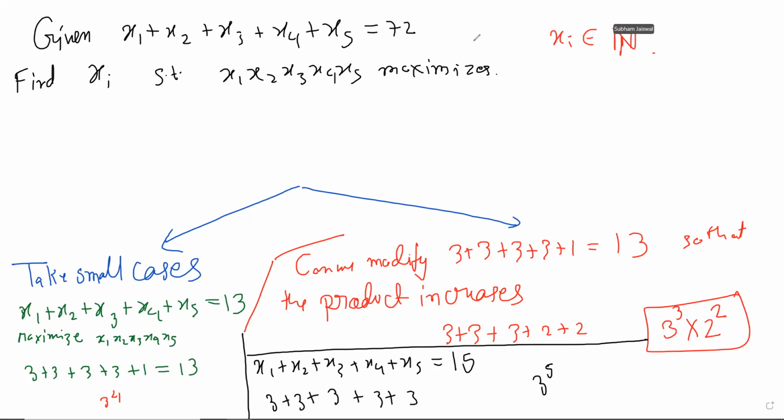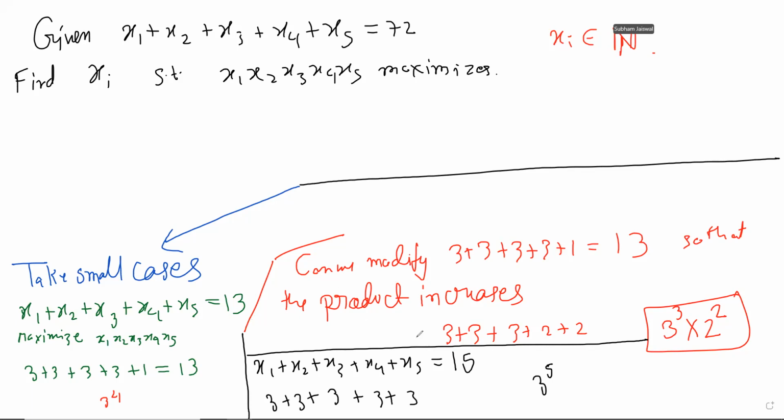So what is the feature of these answers? The feature is that we are trying to pick the numbers so that they are as close to each other as possible.